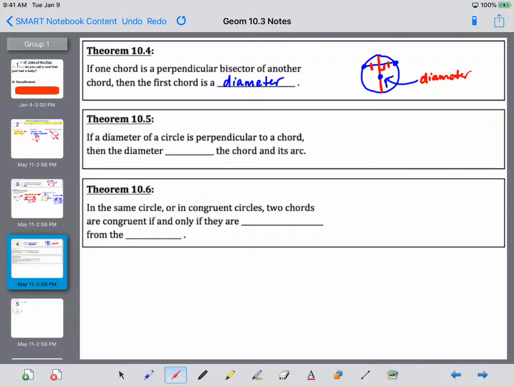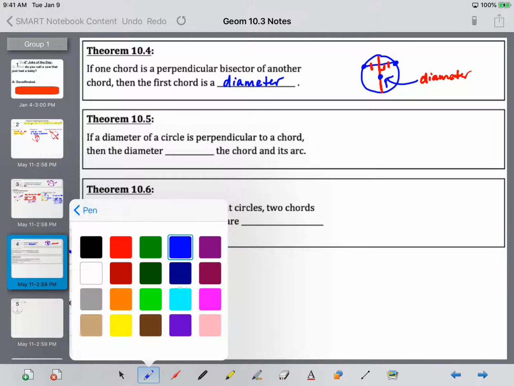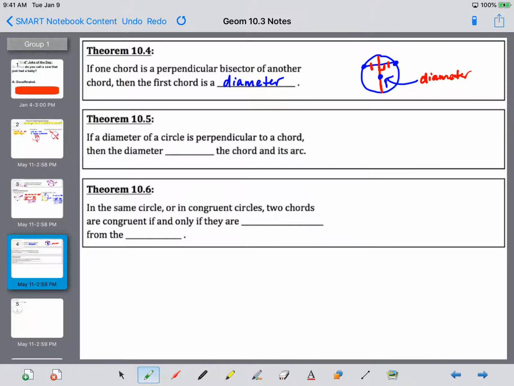All right. This next theorem is kind of similar, at least it looks similar. It says if a diameter of a circle is perpendicular to a chord, then the diameter bisects the chord and its arc. So again, let's draw ourselves a circle here.